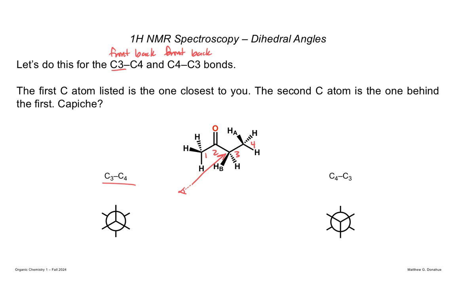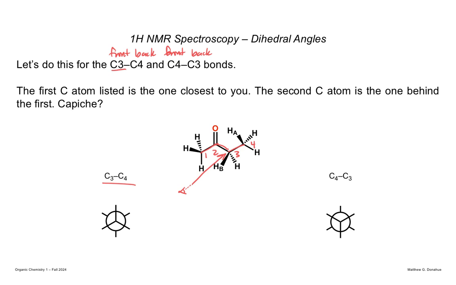And then really what this requires is that from the zigzag, you're basically rotating the molecule. So instead of looking straight on at the zigzag, you're rotating your eye 90 degrees and looking down a sigma bond.